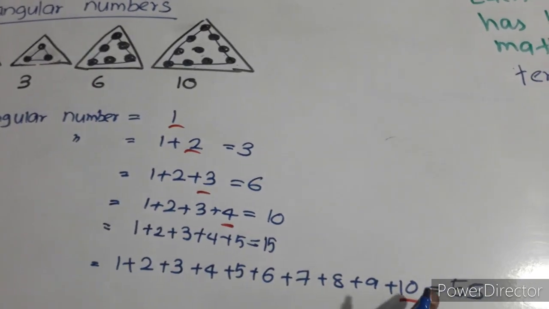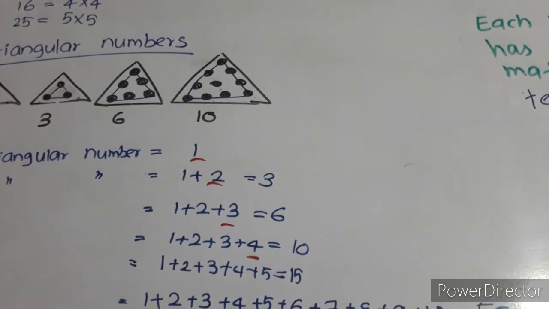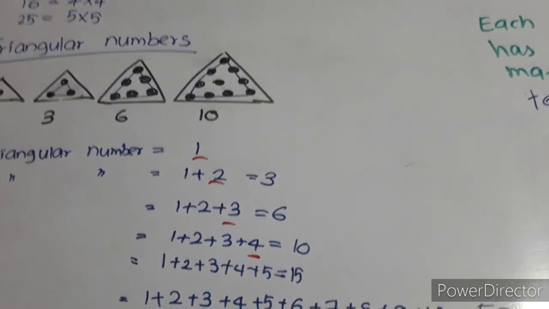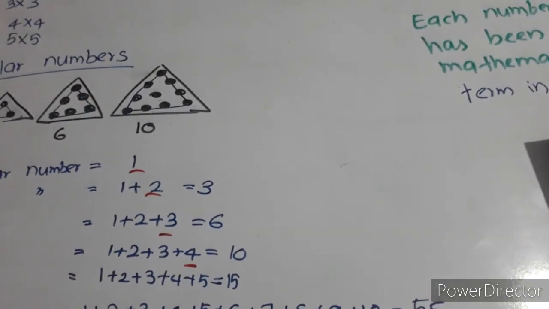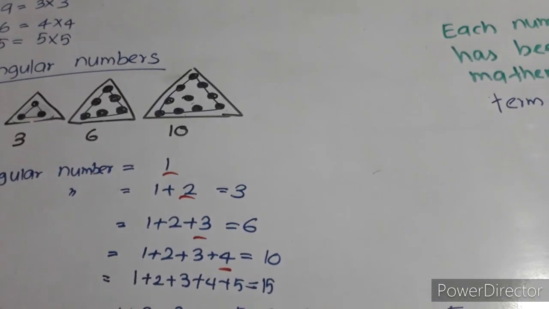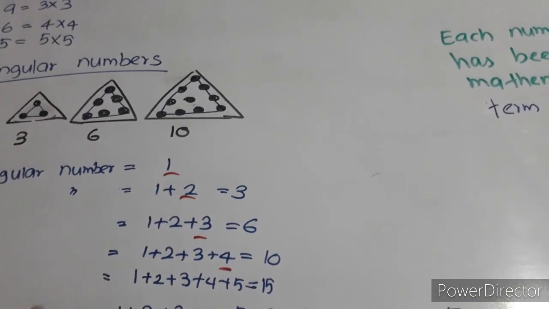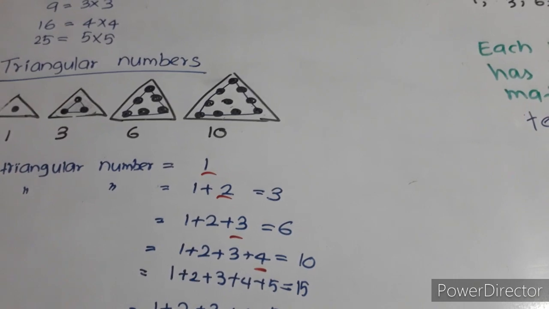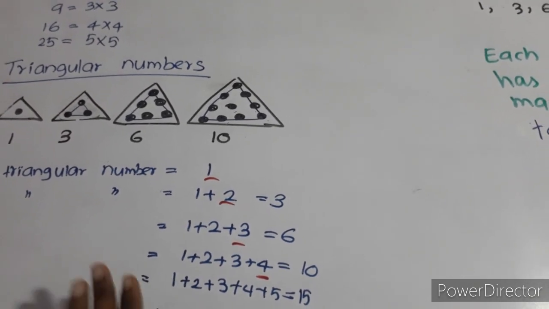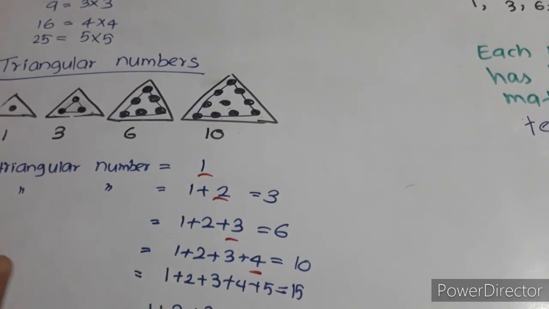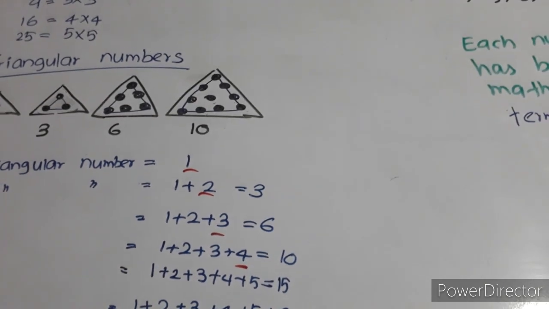If you want the 100th triangular number, you have to add starting from 1 up to 100, like that. So you can understand the methodology of how to get triangular numbers. Now you can understand what triangular numbers are and how to get any triangular number using this method.